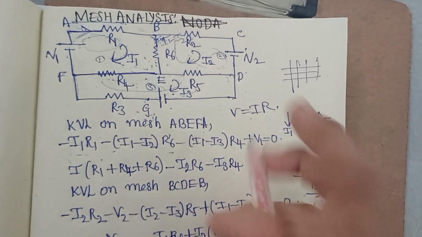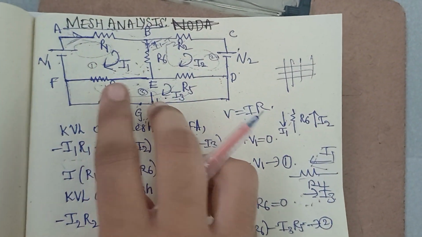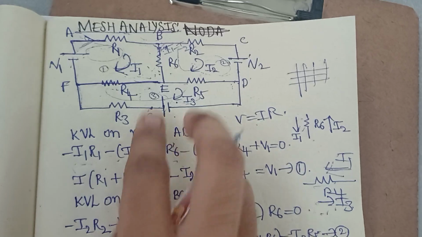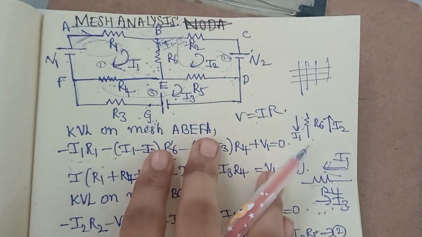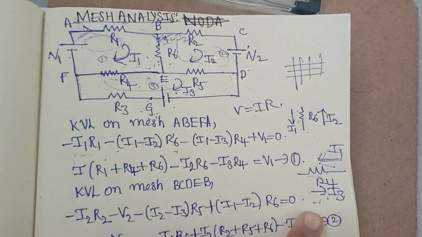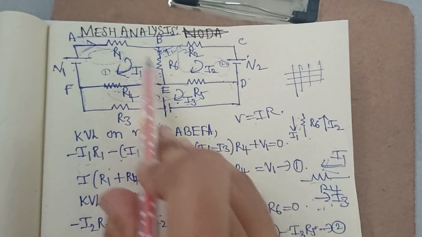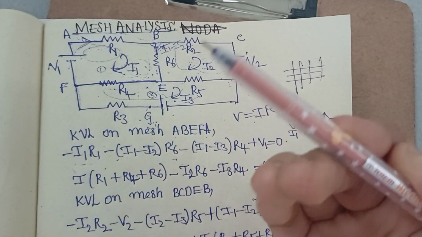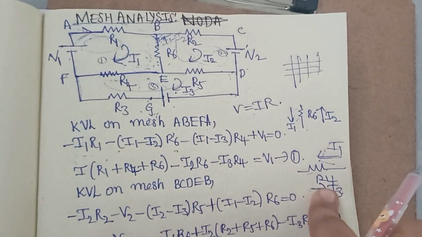Hope you have got clarity on how we write the current for a resistor which carries a combination of two currents, that is, when both currents are involved. So now your current will be I1 minus I3, as I said, consider the first one as the higher one and the next one as the lower, so we take I1 minus I3.